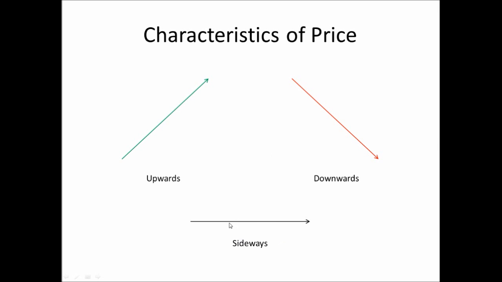When price moves sideways, it doesn't move in a dead straight sideways direction. Instead, when price moves in an upwards direction, a downwards direction, or a sideways direction, price tends to behave certain ways. Let's look at how price behaves, or the characteristic of price, as it moves in an upwards direction.